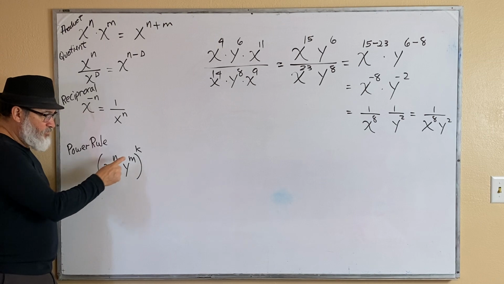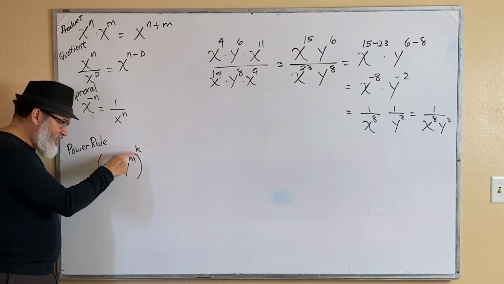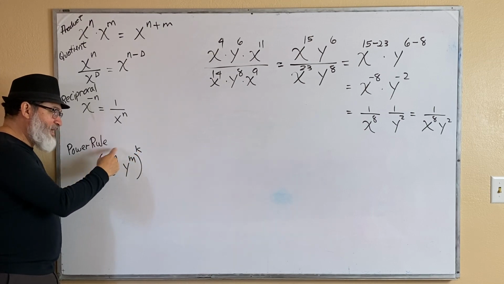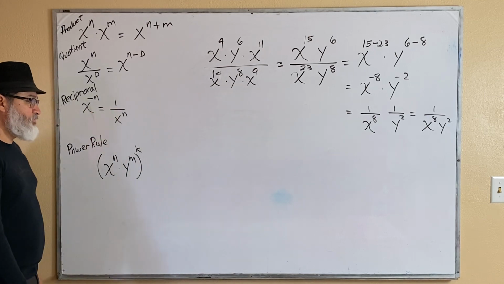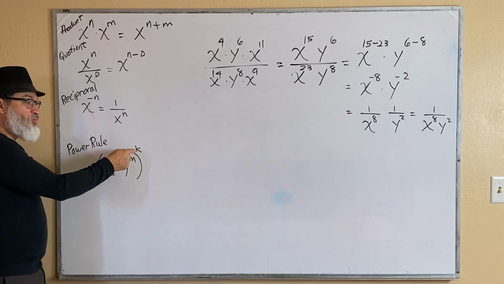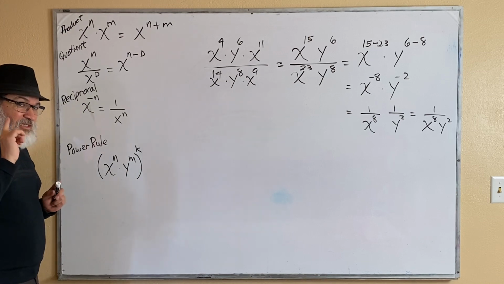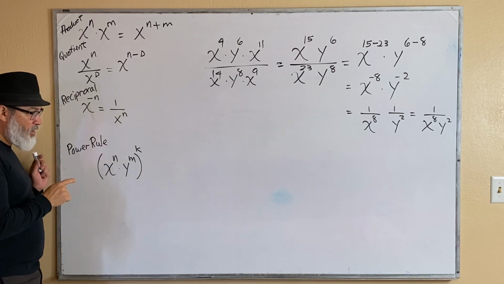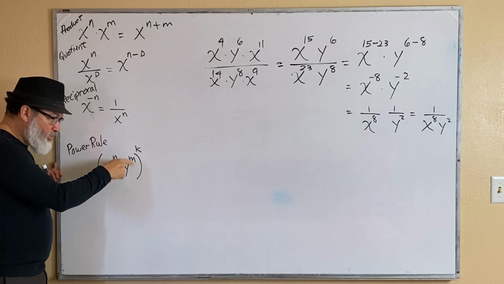It's like this. If I call this the roof, apply this k, the power, to everybody in the house, so everybody in the house raises the roof, basically. Let me show you how everybody in the house raises the roof. This is the product rule for a product.